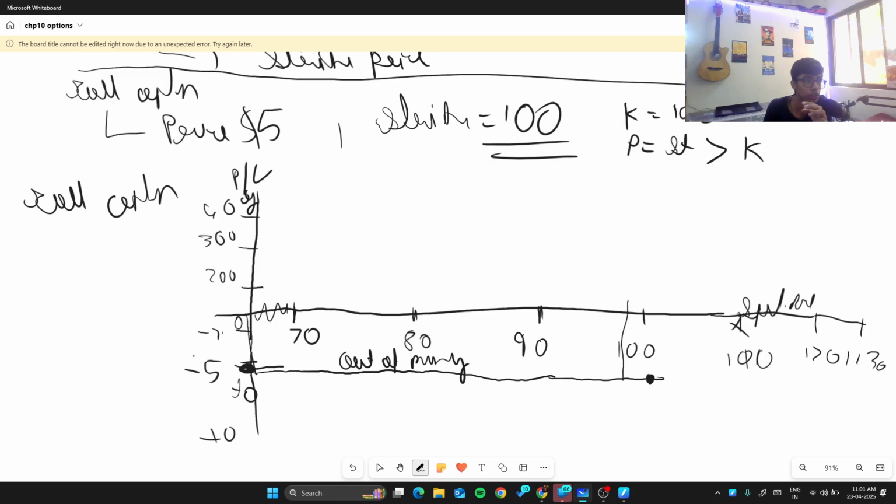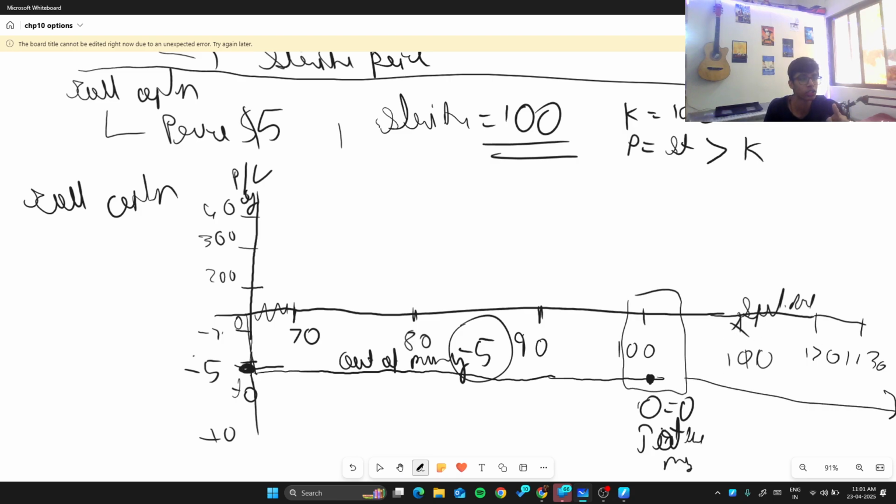At 100 we are equal to the strike price, so we are at the money, and after that we will earn profit, so we will be in the money, net positive, right?